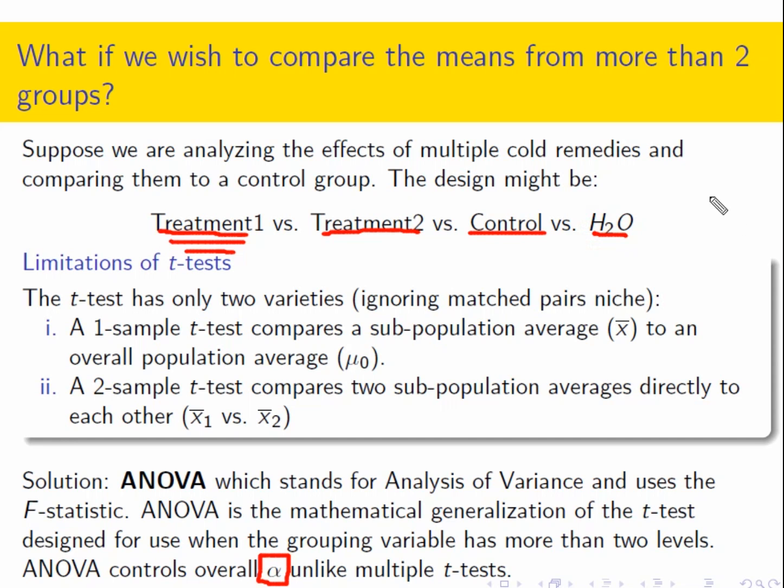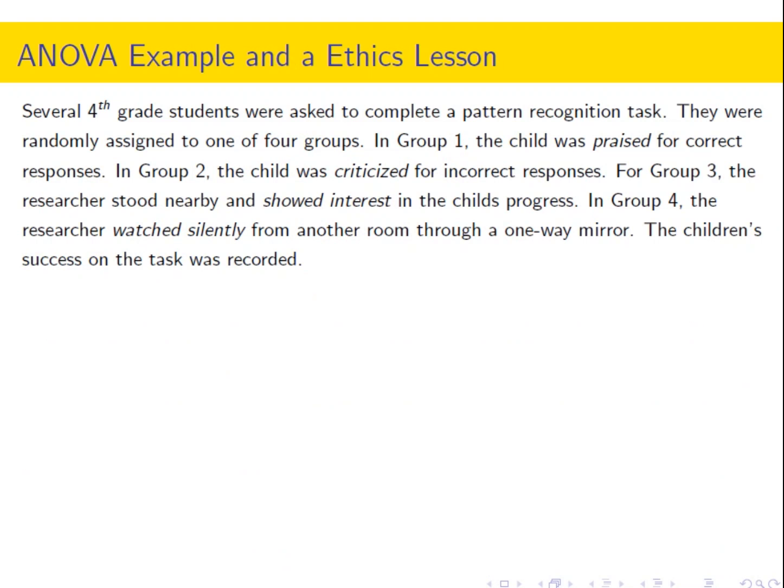The error starts to grow out of control if I do multiple t-tests. The one huge advantage of ANOVA is that you get to set your level of significance, and then all of the testing, including the post hoc test for pairwise differences, which you'll see in a moment, is done, and the overall alpha doesn't grow out of control like it would with multiple t-tests.